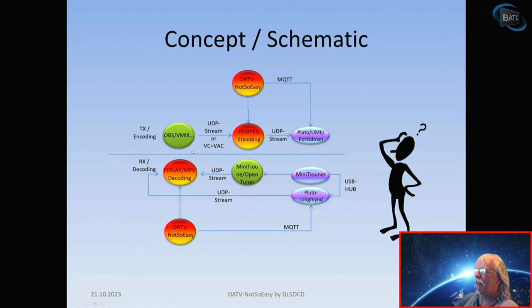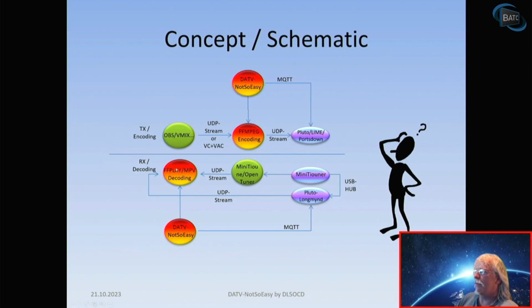And on the input side, it accepts input from OBS Studio, vMix, and so on and so forth. Any IP-based application which is able to transmit a UDP or RTMP stream.